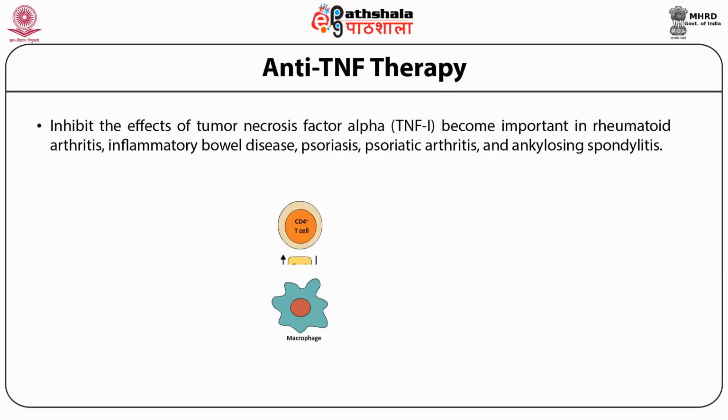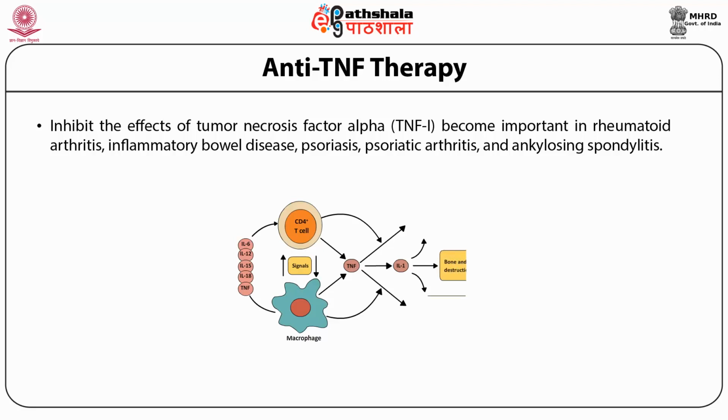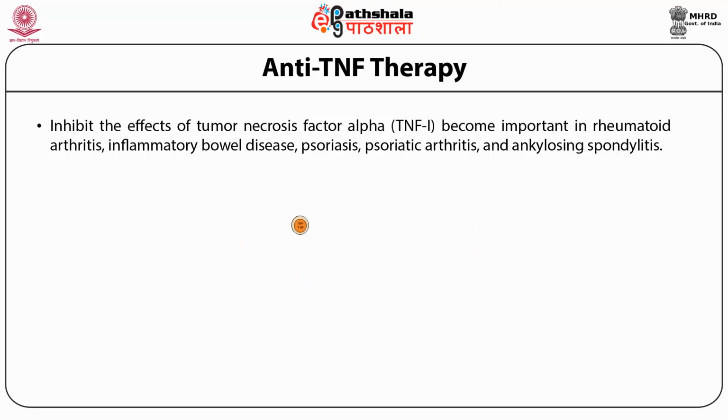This therapy was used in Crohn's disease in 1998. For ulcerative colitis, it was approved by the FDA in 2005. After the approval in 2005, it has become the mainstay in the treatment.